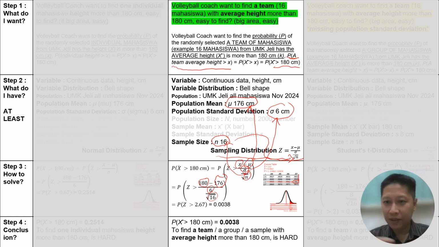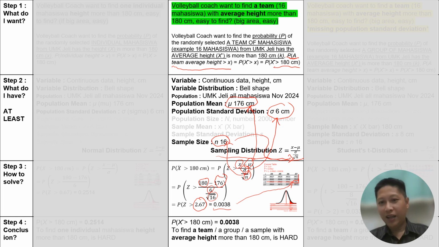After the calculation, we get the number 2.67. Now we have the Z, 2.67. We don't want Z, we want the probability. As such, we need to ask the Z table to convert from the Z number into the probability. So we find the intersection, and we get the probability is 0.0038.